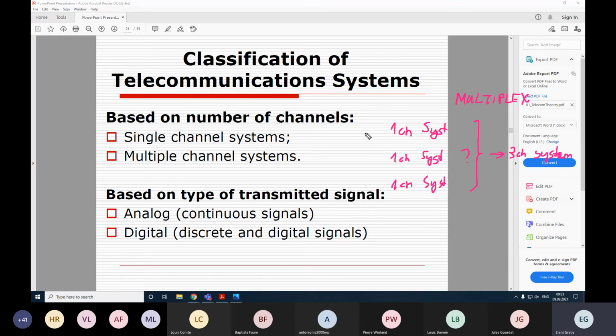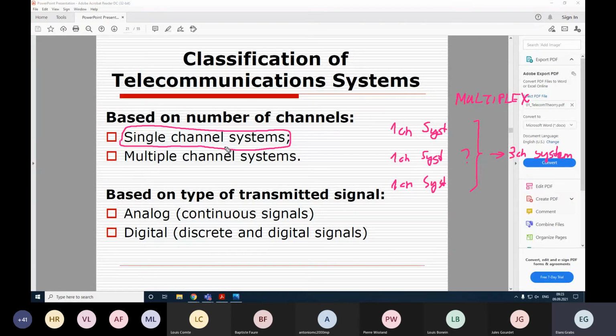And that's why we focus so much on the single channel system, to understand the basics of how everything works. Once you know that, by using different multiplexing schemes, we can use time division multiplexing, we can use frequency division multiplexing, we can join multiple single channel systems into one multi-channel system.